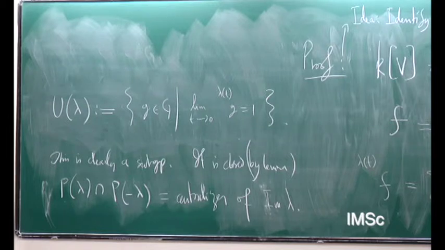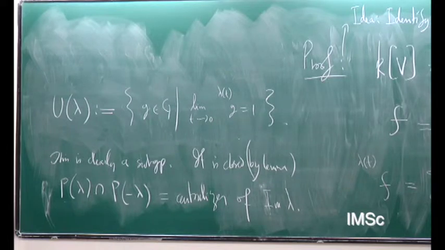So clearly this is contained in V lambda intersect V minus lambda. If lambda t of V is equal to V for all t, then surely both limits exist, the limit as t goes to 0 and the limit as t goes to infinity, both are equal to V.